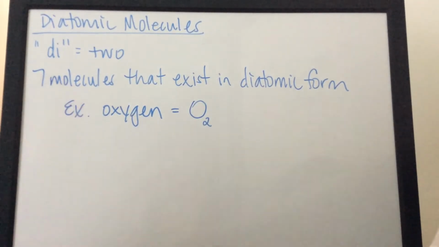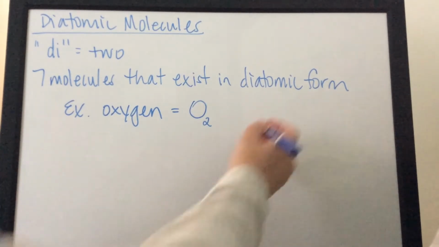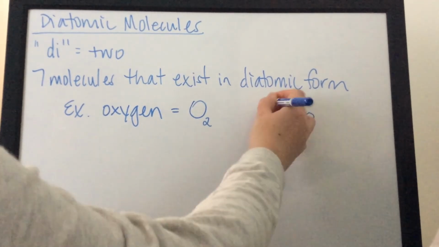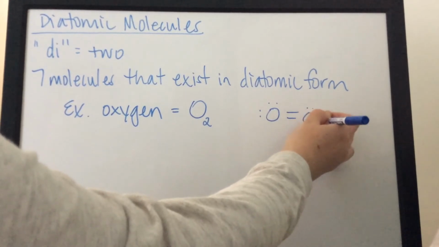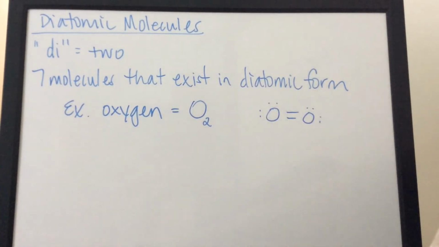Way back we learned that we could draw a Lewis structure for this, and it looks like a double bond. It's been a while since we've done that. So oxygen is one of the 7 diatomic molecules. If you're reading something and it says oxygen reacts with something, it's not O, it's O2.